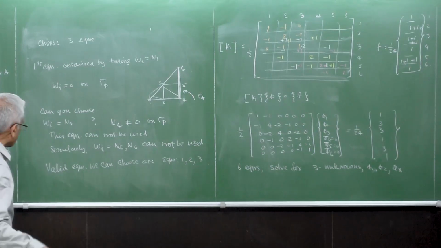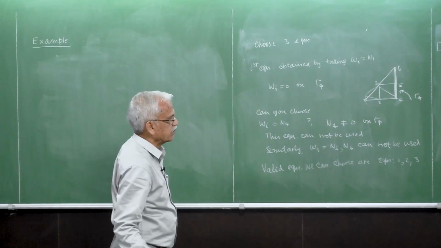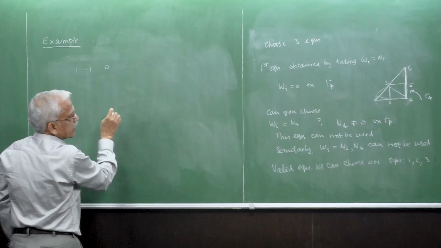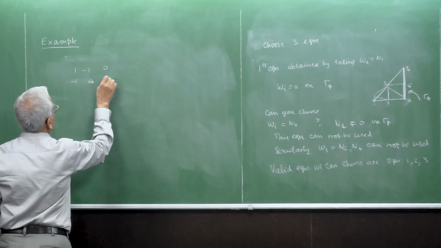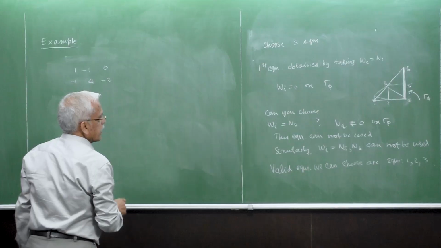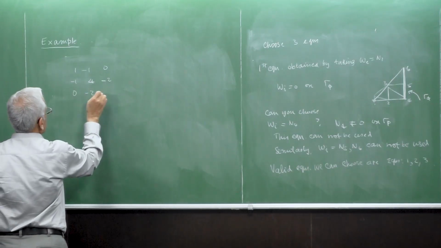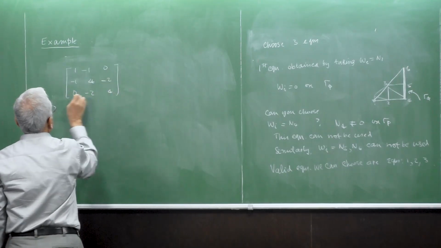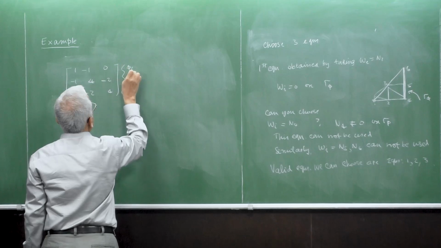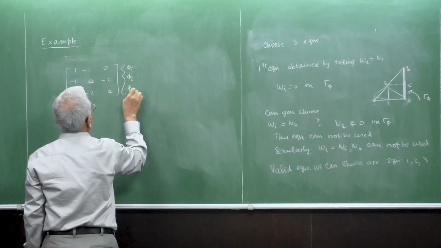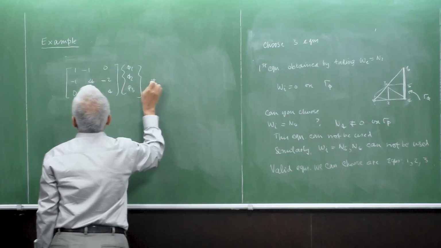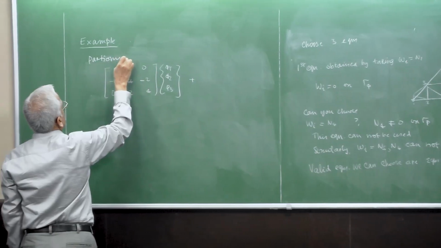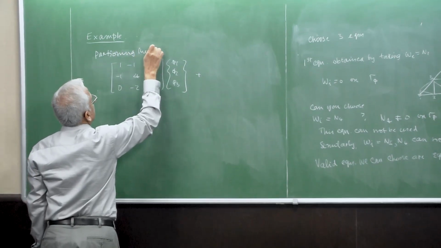Only the first 3 equations can be chosen. So we have 1, 4, minus 2, and 0, minus 2, 4. We are going to partition the matrix like this, phi 1, phi 2, phi 3.